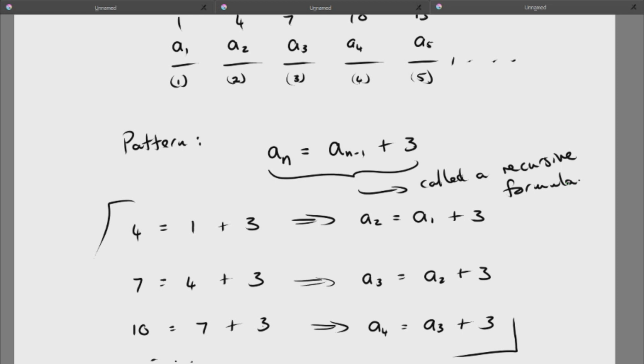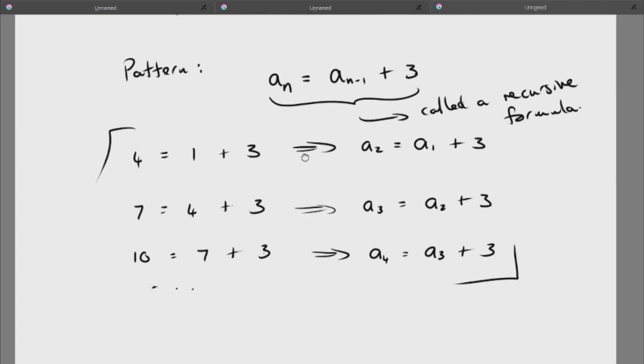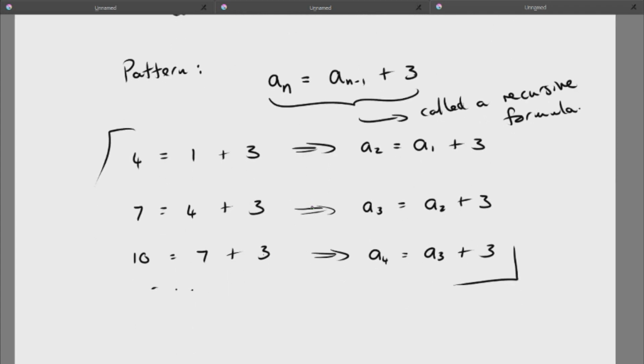Now, if you didn't know the sequence in our example, and I just tell you, make a sequence where you add 3 every time, are you going to be able to make that exact sequence?